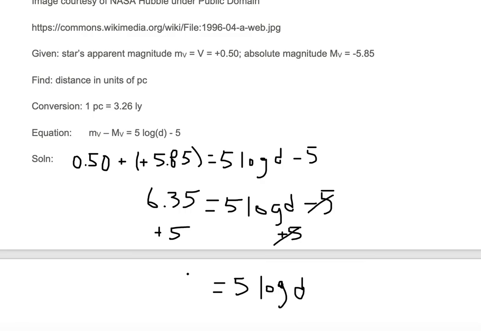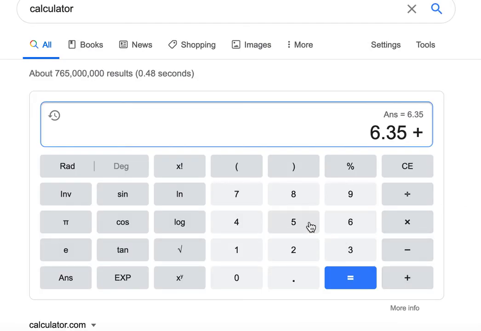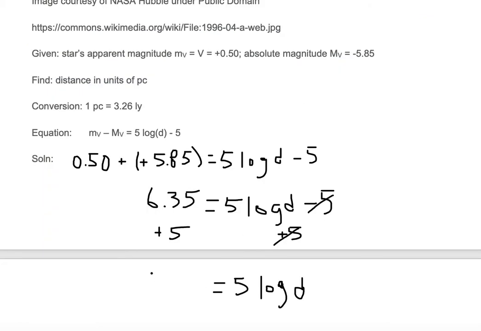On the left-hand side, you have 6.35 plus 5, and we're left with 11.35. The next thing we want to do to isolate d is divide both sides by 5. So that's what we're going to do next, divide by 5.